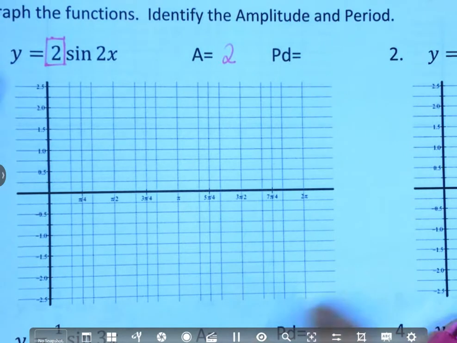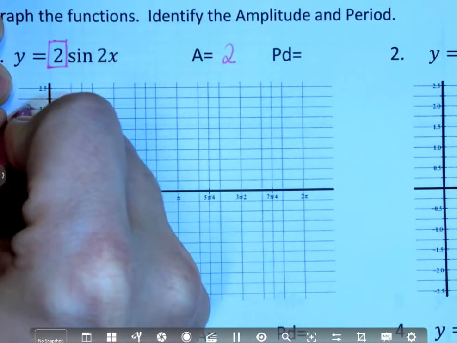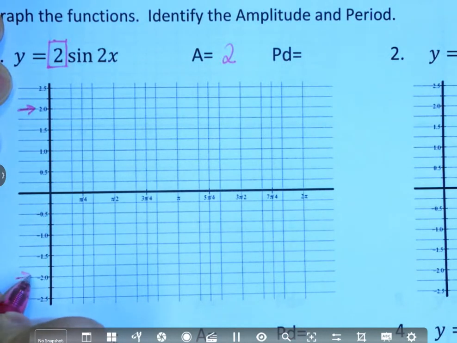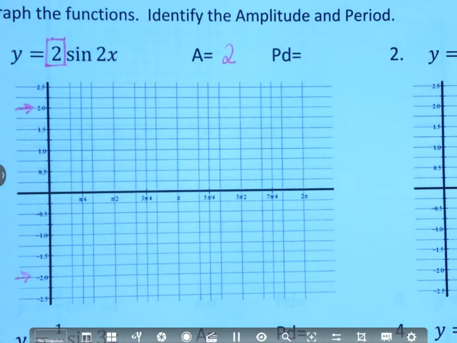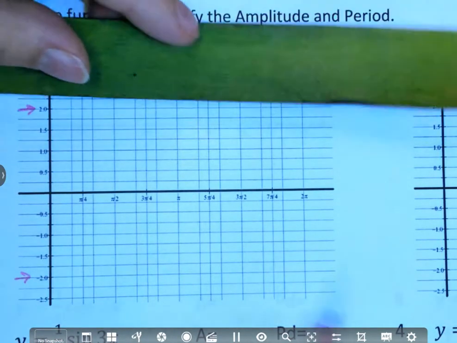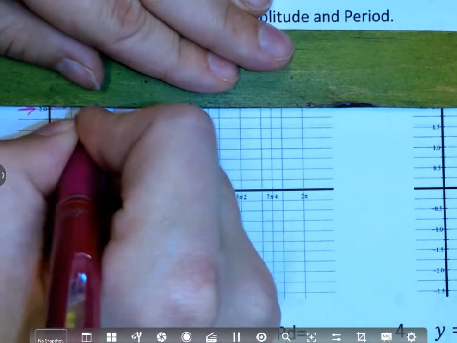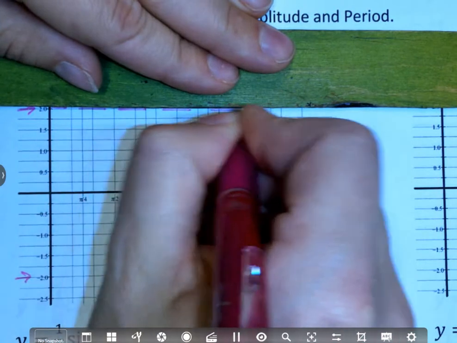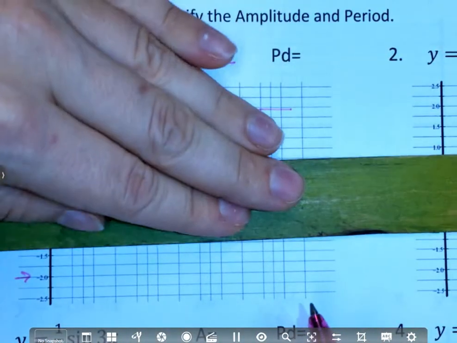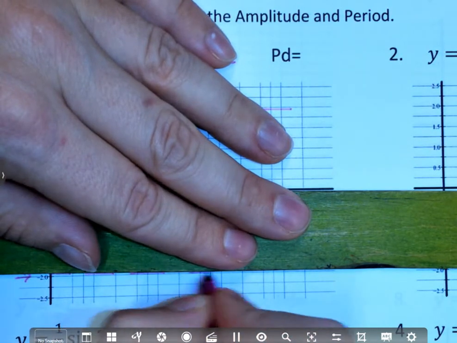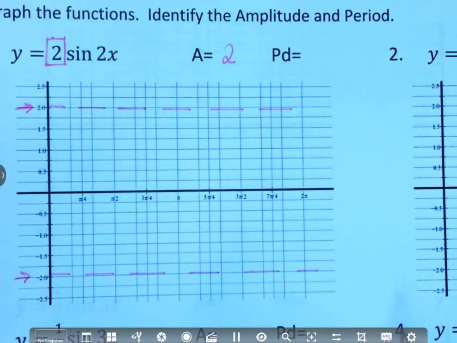Now, you don't need to, but I like to think, okay, up 2, down 2. If you are good at lining up and telling where you're supposed to be, you don't need to draw these lines. A lot of people don't. Every single time I try to do it without these lines, I mess it up. My eyes are like, nope, don't want to do that.